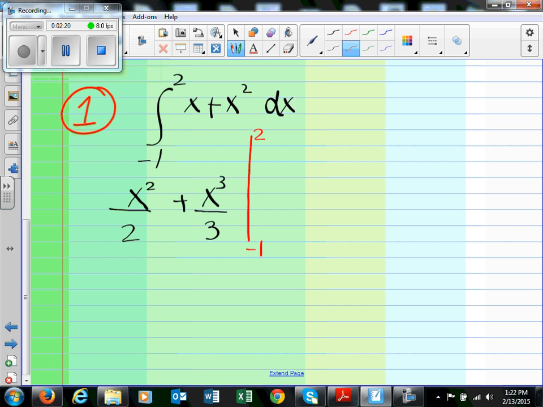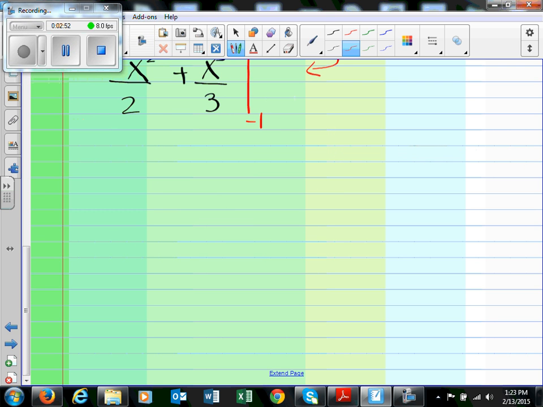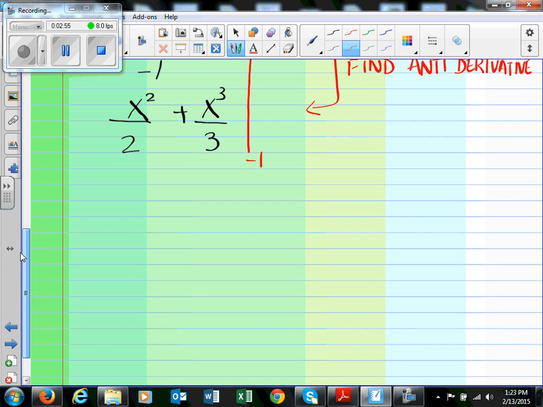So what did I do from here to here? I just found the antiderivative. Is this step clear to you? Are you following? Okay. Now what did we do yesterday? Then we substitute the upper limit. The upper limit for this function is 2.